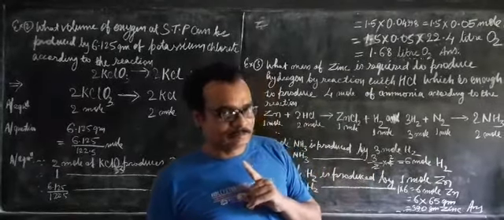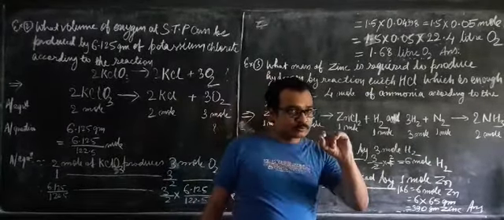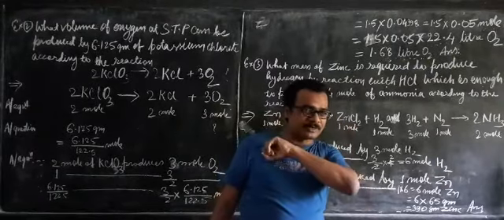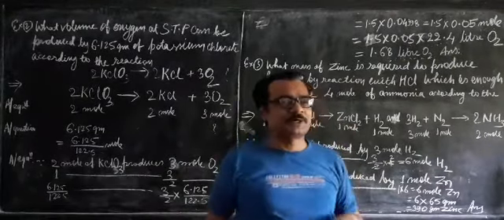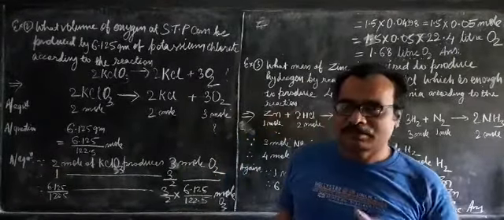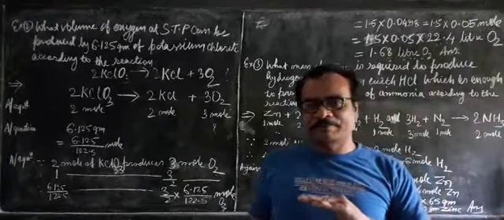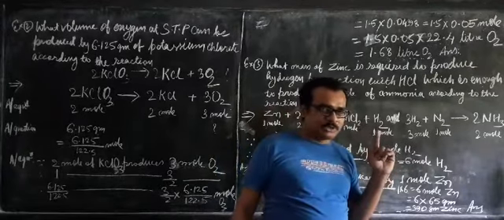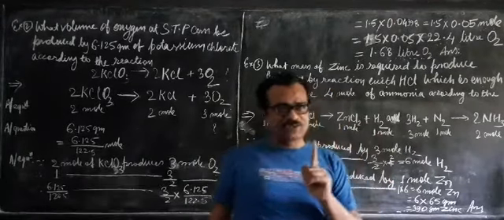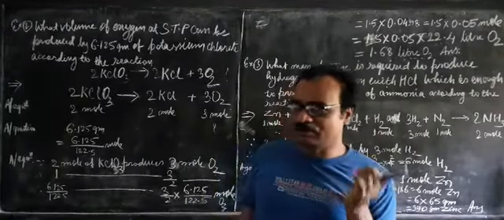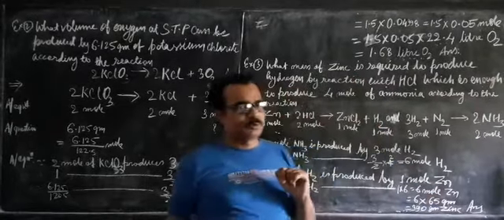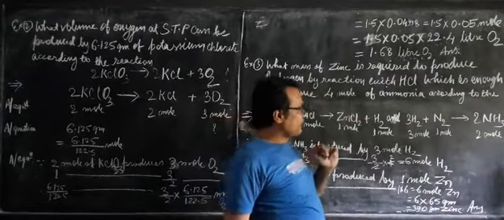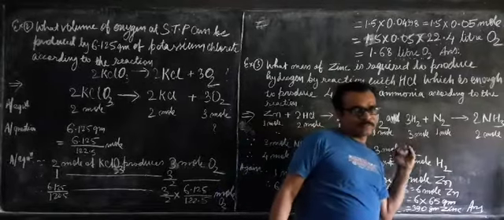First of all, I will find out how much hydrogen is required to produce 4 moles of ammonia, because hydrogen would be produced with the help of zinc. Zinc cannot produce ammonia directly, but hydrogen is needed, and that hydrogen will be given by zinc. Zinc reacts with hydrochloric acid and produces hydrogen, so that is why we calculate from this side.